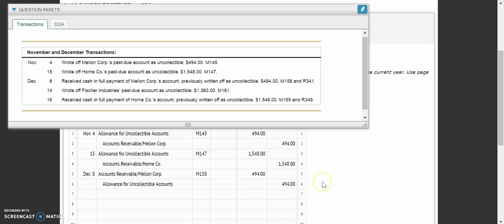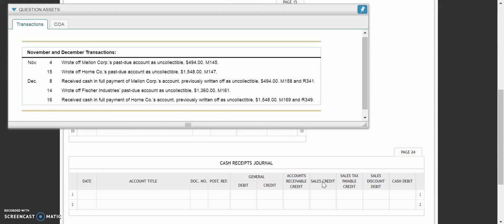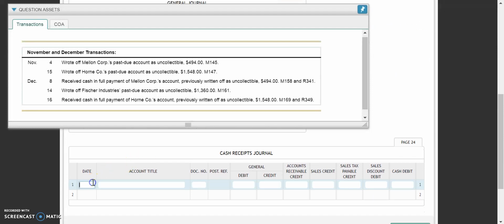Now, before we go on, I don't want you to forget that you also have to record this in cash receipts. So I'm going to scroll down to my cash receipts journal, and plug in the December 8th transaction. Remember, what goes in the account title is the name of our customer account, which for us happens to be Mellon Corp for this situation. Our document number for this one, of course, is R341, which is our receipt.